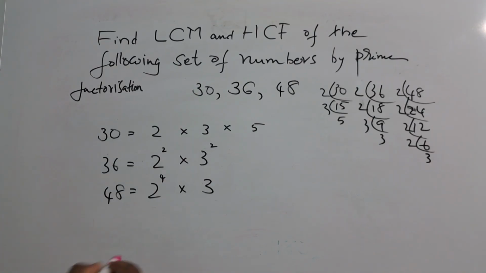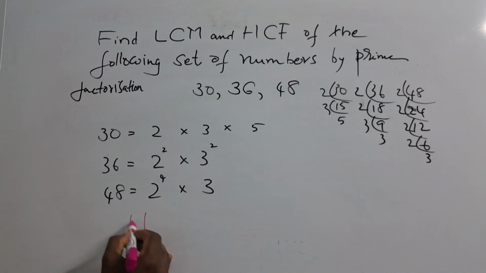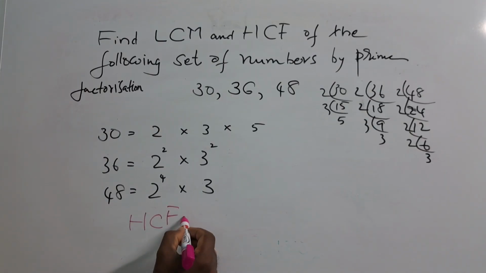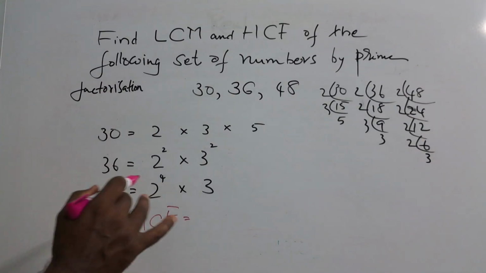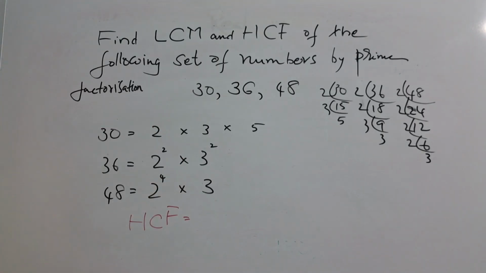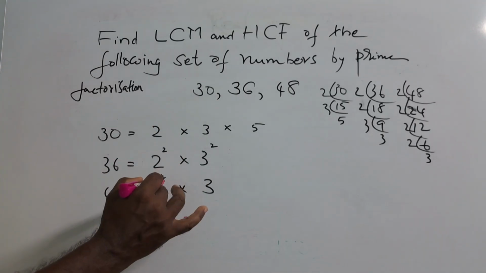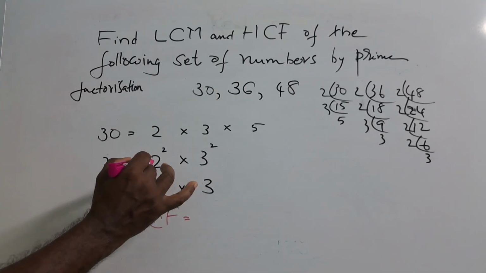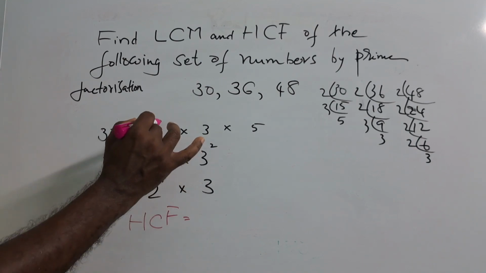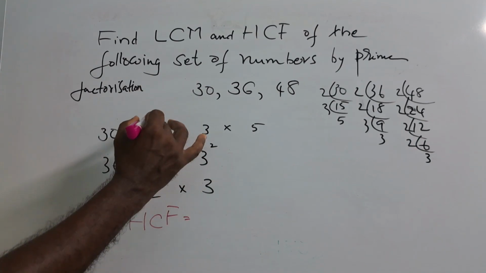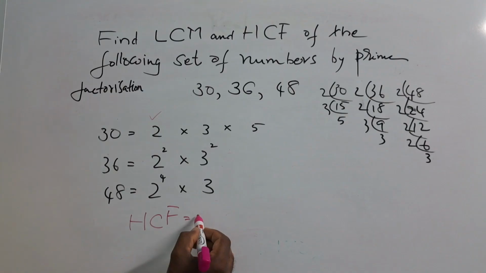Now HCF. We consider the common prime with the least power. Here the power of 2 is 4, here the power of 2 is 2, here the power of 2 is 1. We need to consider 2 for HCF.